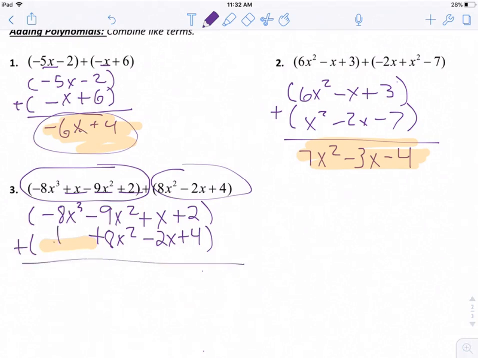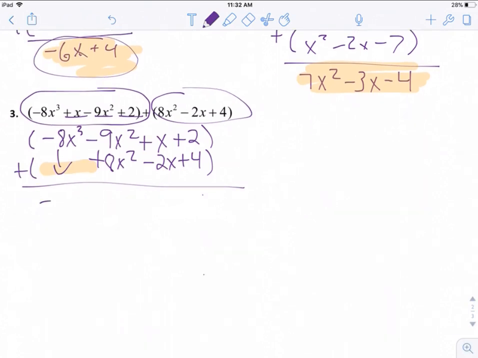So this one comes straight down because there's nothing to bother it, so it's negative 8x cubed. And then negative 9 plus 8, of course, is negative x squared. You can put a 1 in there if you'd like to make it easier. I don't do that. I just write the negative x squared.